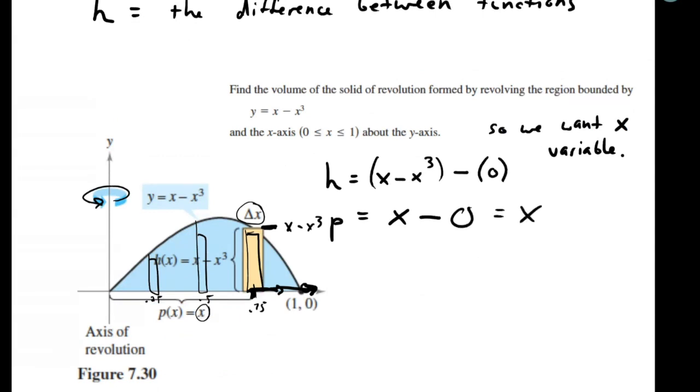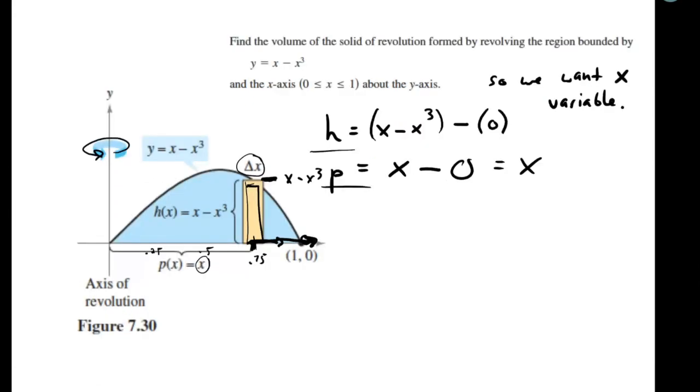And that's generally the case. It might be x minus 2, it might be x minus 5, depending on where your axis is. But you're always just using the variable because that's where your rectangle is sliding along as you're changing with x. So our volume ends up looking like 2 pi from 0 to 1.